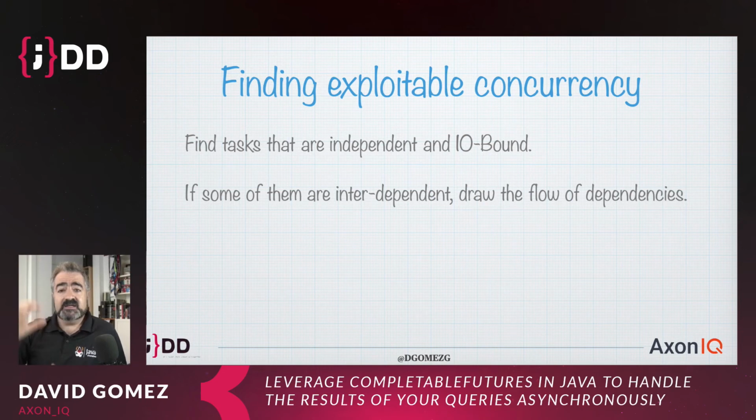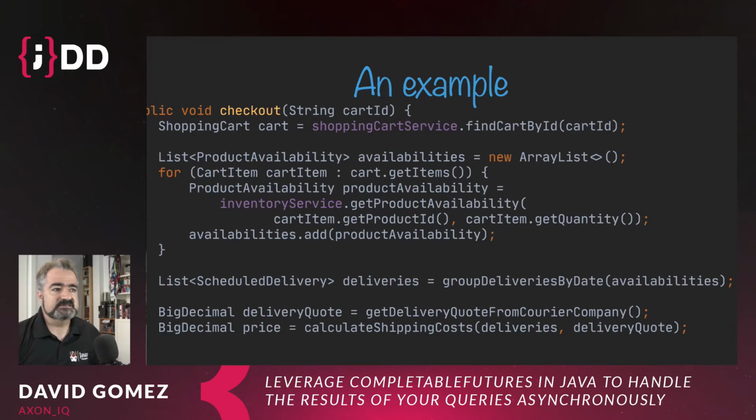And if we are able to draw the diagram of these different tasks and how they relate to each other, it's a better way that we could have a good understanding on how we are going to combine and compose the different completable futures. So let's try to see a quick example of this.